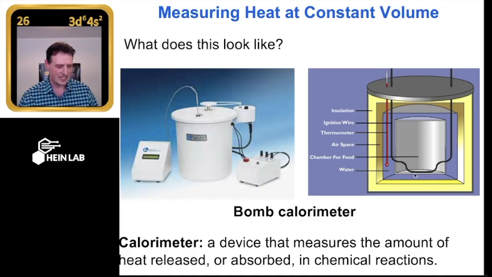We place something inside the system. We usually will do the reaction in this environment. And what we're measuring is the change in temperature in a water bath outside the system. So reaction happens inside this pressurized bomb. Heat is generated. Reaction is either taking up heat or expending heat inside that bomb. The heat then moves to the surroundings.